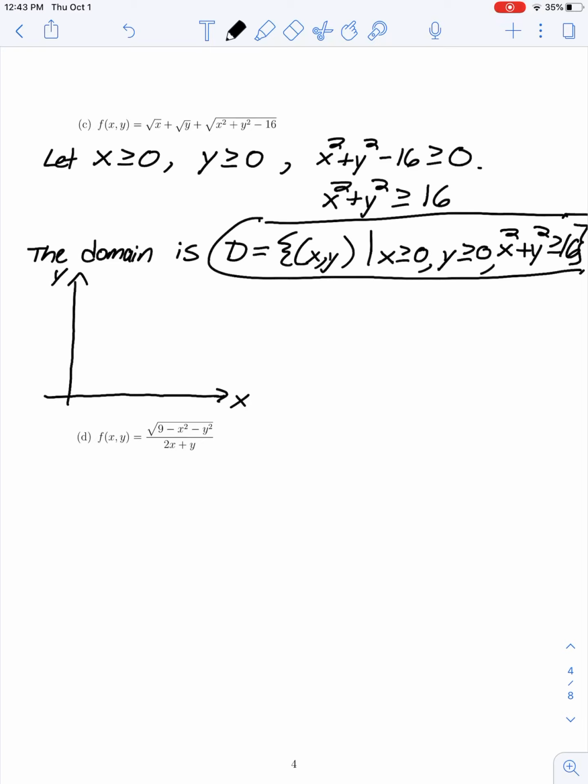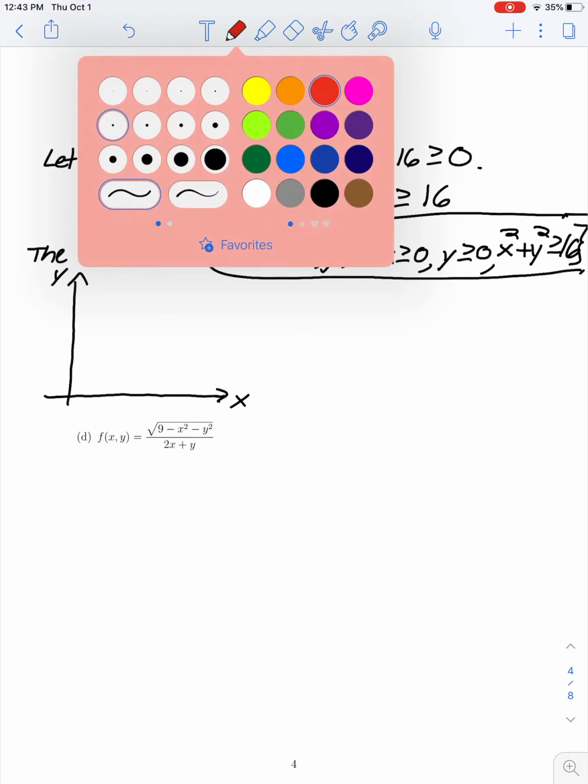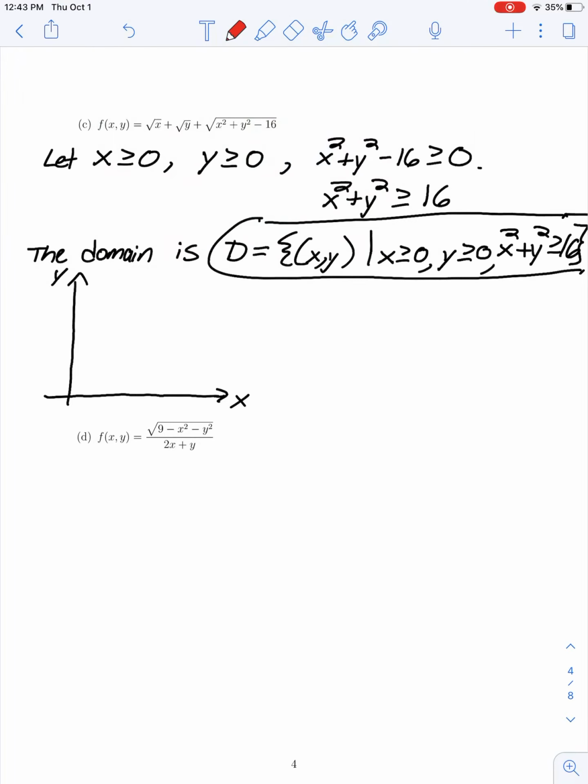And then our last inequality defining the domain was the sum of x squared and y squared must be at least 16. Now, if we consider the boundary of that inequality, we would have the equation x squared plus y squared equals 16, which would define a circle in the xy plane centered at the origin of radius 4.